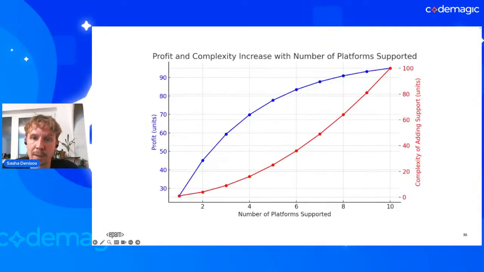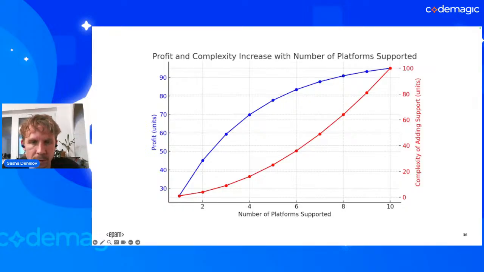This one shows how the complexity of adding a new platform grows as you support more platforms. You can see the complexity increases, as can be expected. And at some point, these two graphs intersect. After this, the cost of adding a new platform becomes higher than the value it brings, making it no longer beneficial.